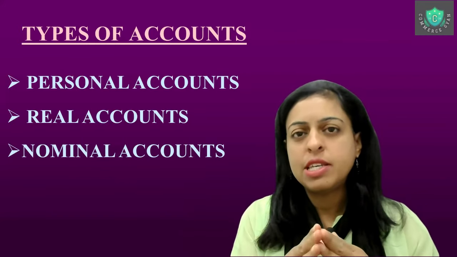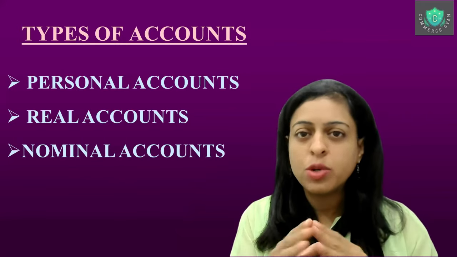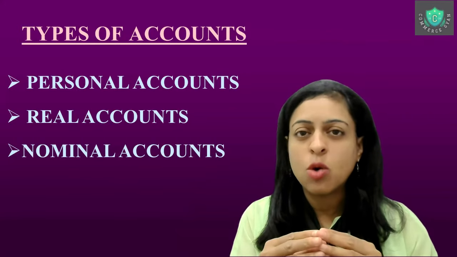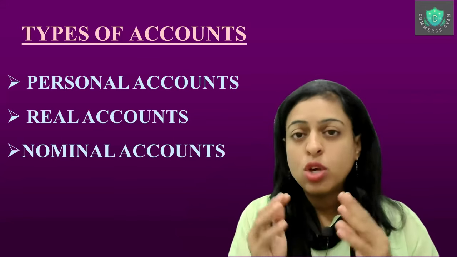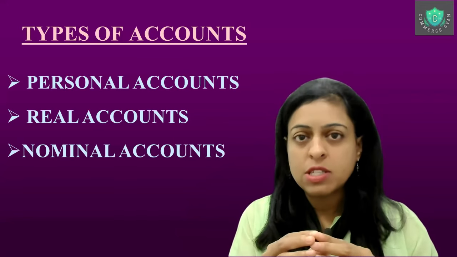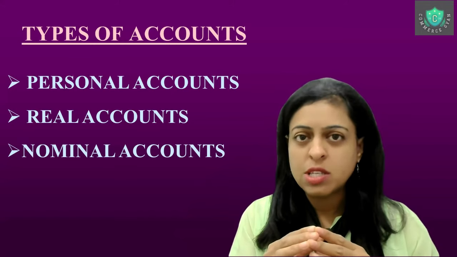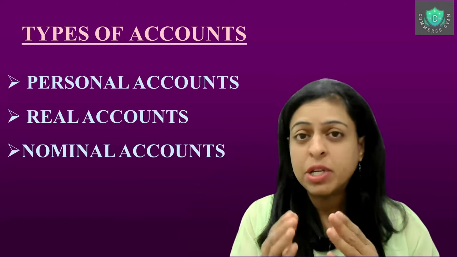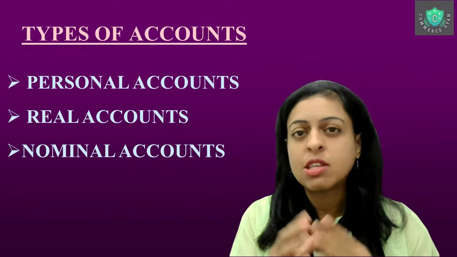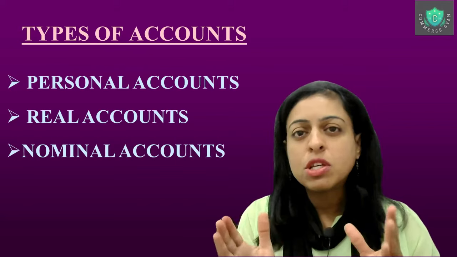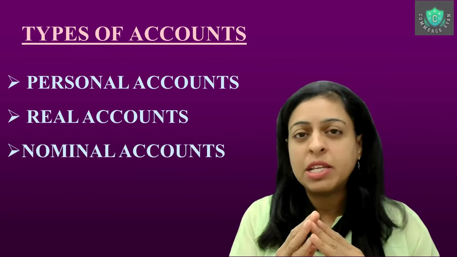By and large, you will see that accounting revolves around these three accounts. Most of the accounting entries and everything connected to accounting will revolve around these three accounts only. If you're clear about the meaning of these accounts and the rule associated with each, whether a debit is to be done in a particular case or a credit has to be given, then you will be absolutely clear in going forth and preparing the balance sheet.